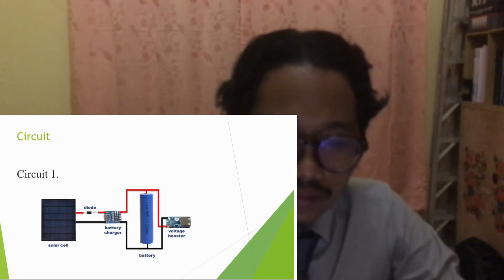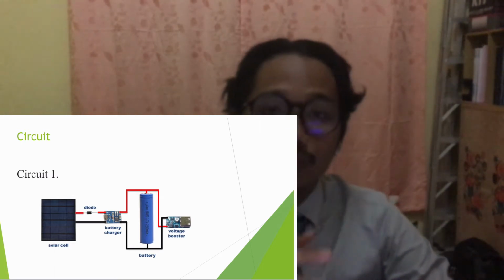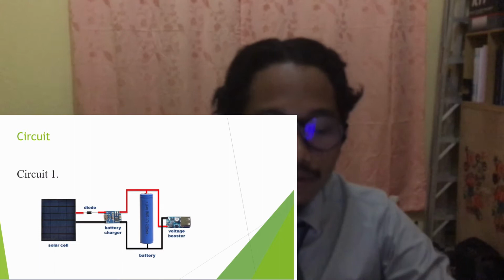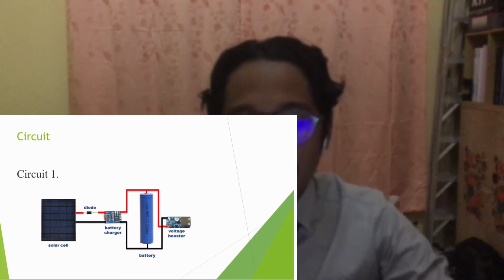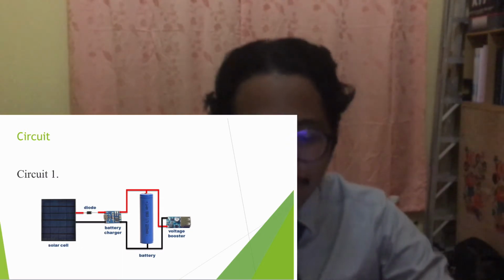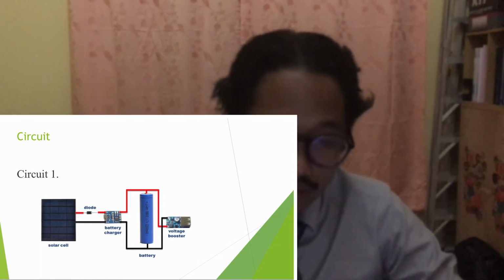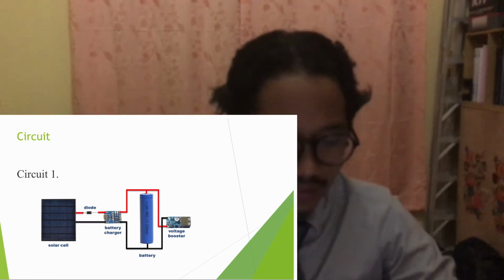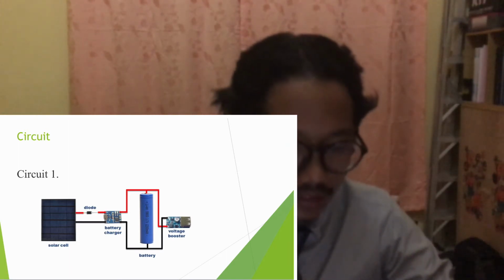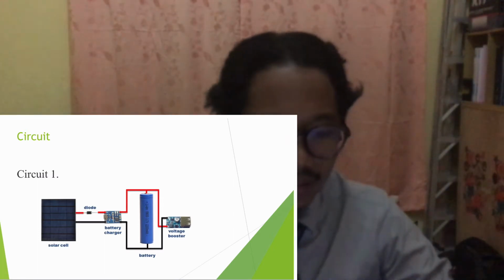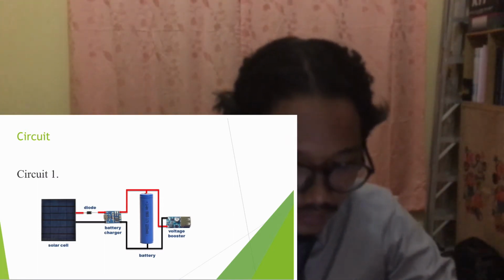Next is the circuit. For my project I have two circuits. For circuit number 1 we have a solar cell, diode, battery charger, battery, and voltage booster. The battery charger has been used because it is a good quality, constant voltage type of charger to keep the battery in good shape and consistent.